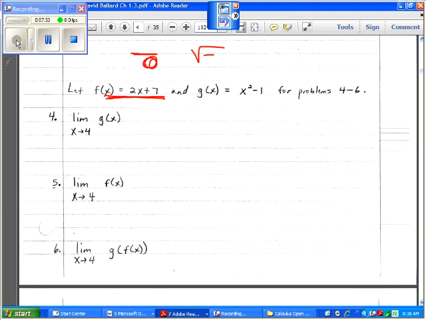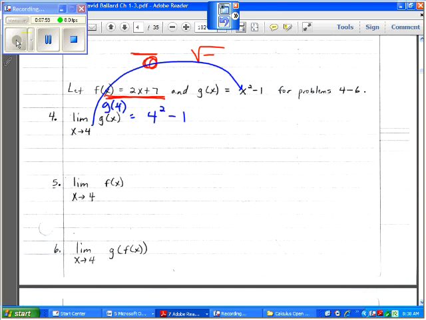Okay, we want the limit as x approaches 4 of g of x. Since g of x is everywhere continuous, then the limit as x approaches 4 of g of x is the function value g of 4, correct? So if we plugged a 4 in place of the x in the g function, we would get 4 squared minus 1.